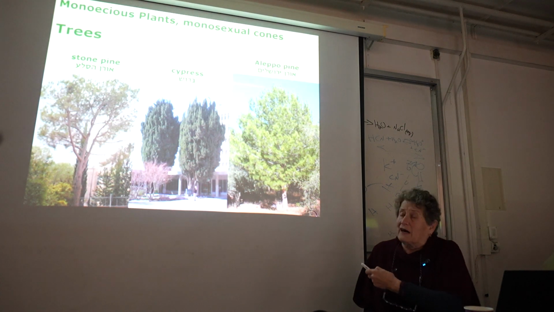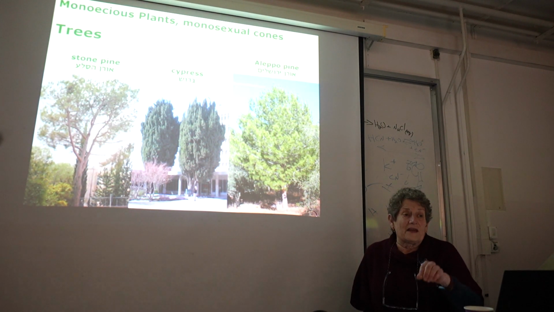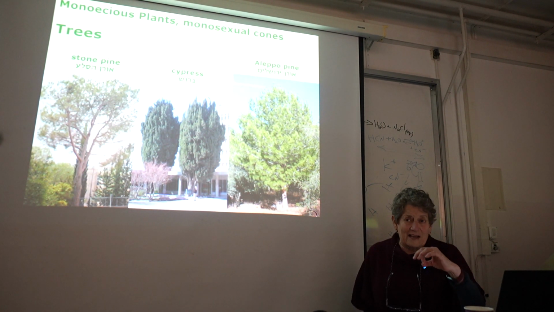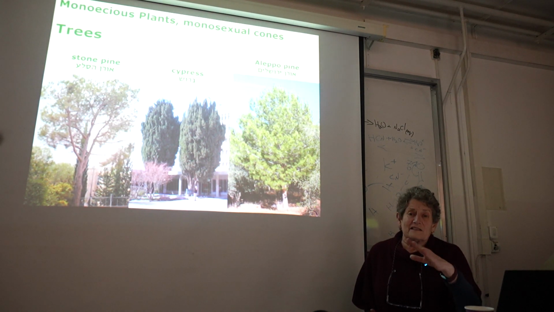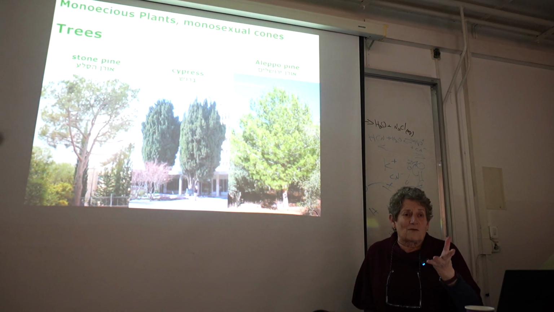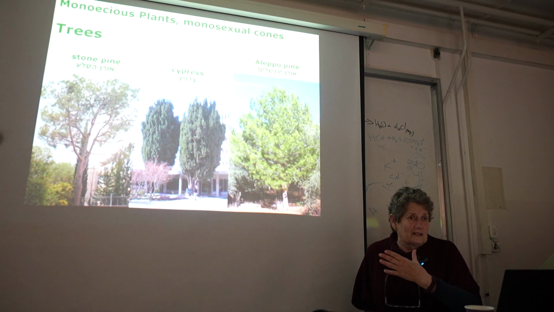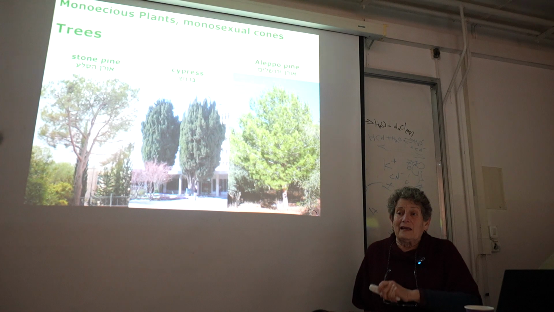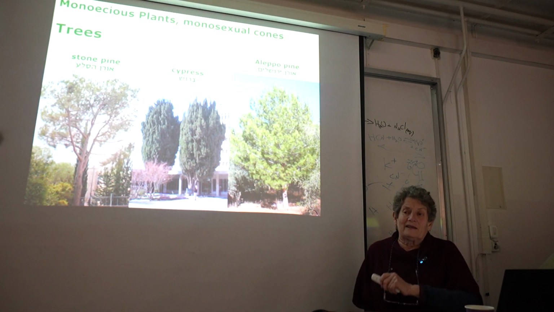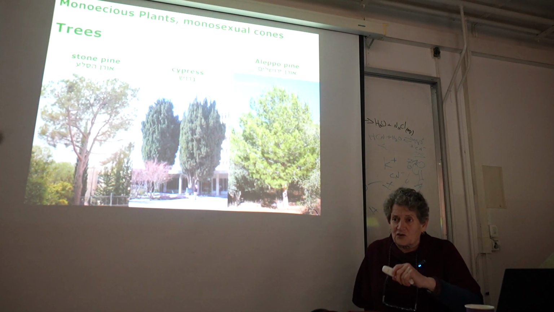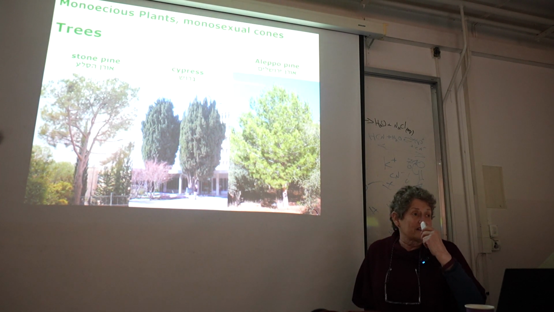The Aleppo pine is a species that exists naturally in this area, and this is for whoever came to ask me about things like what is natural and what is not. We have natural Aleppo pines, but for many years it was also the main species used by the British and the Jewish National Fund for afforestation, for planting trees.